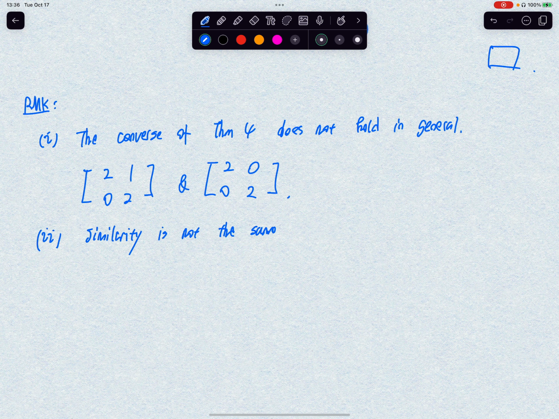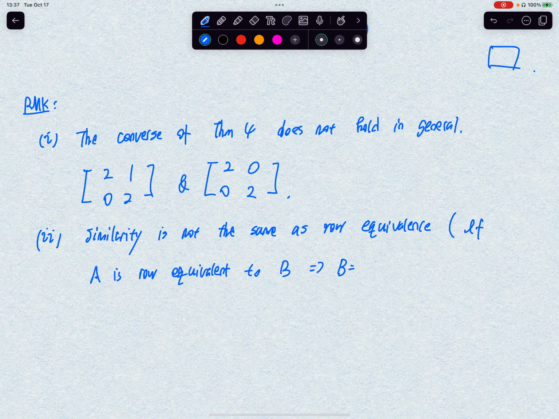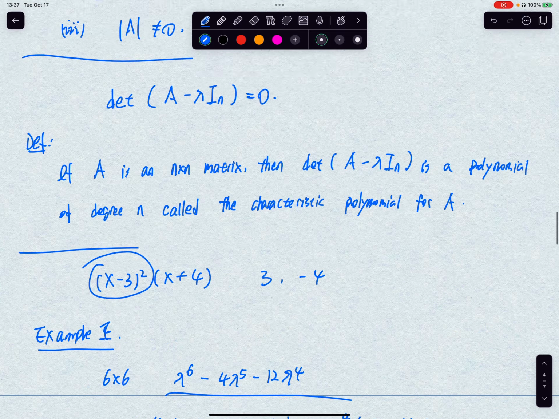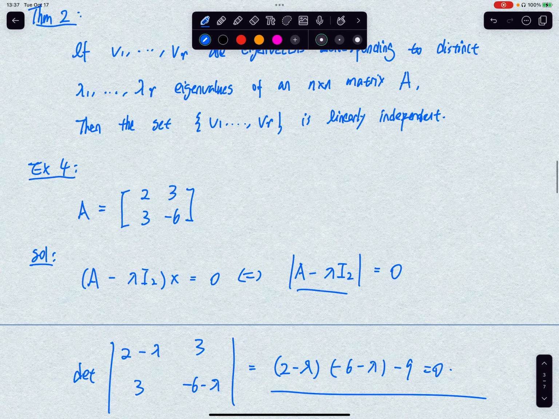In fact, it is stronger than row equivalence, which means if A is row equivalent to B, we know that B equals EA, where E is an invertible matrix. And moreover, row operations on a matrix usually change its eigenvalues. We have noted that in the previous remark, somewhere above.